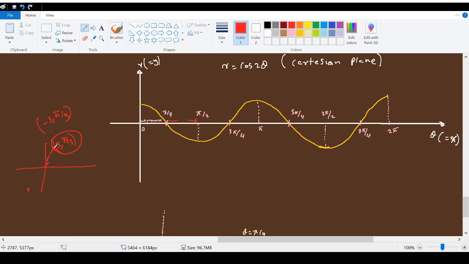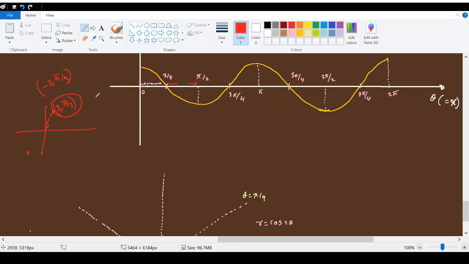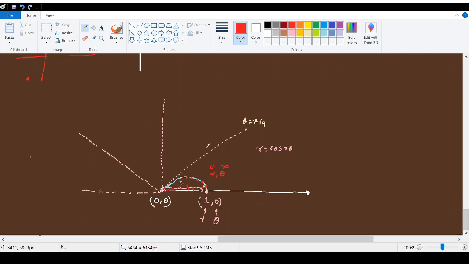So to do that, you should get the opposite of this point. I explained this more clearly in a previous video when I introduced the polar coordinate system. If you are confused with this notation, please go back and refer to that video and come here once again, because I am not going to explain all these things in detail in this video.